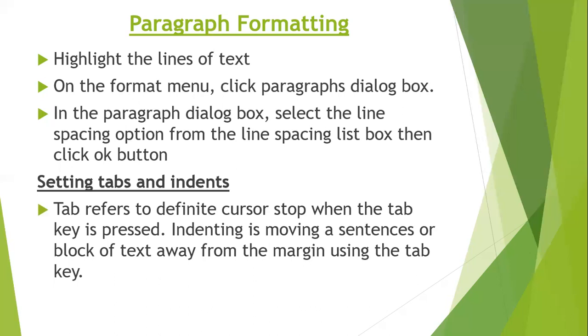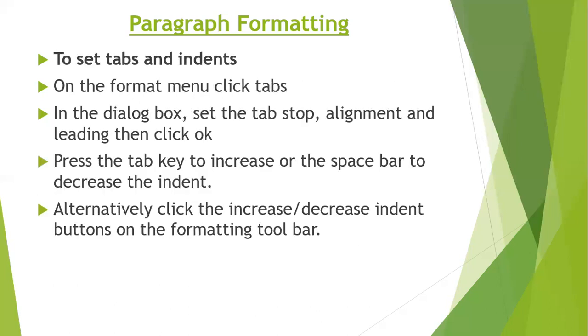Let's see setting tabs and indents. A tab refers to a definite cursor stop when the tab key is pressed, while indenting is moving a sentence or block of text away from the margin using the tab key. To set tabs and indents, first on the format menu, click Tabs.